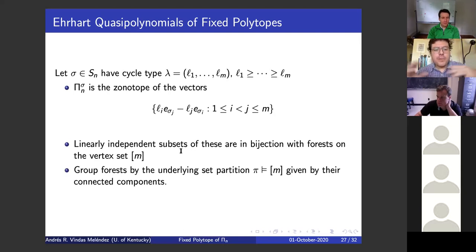And so we're going to group the forests by the underlying set partition of M. And so the nice part is that now we don't really even care about the geometry, in a sense. We're just looking at set partitions of M, and if we think about it graph theoretically, as grouping the forests, okay?